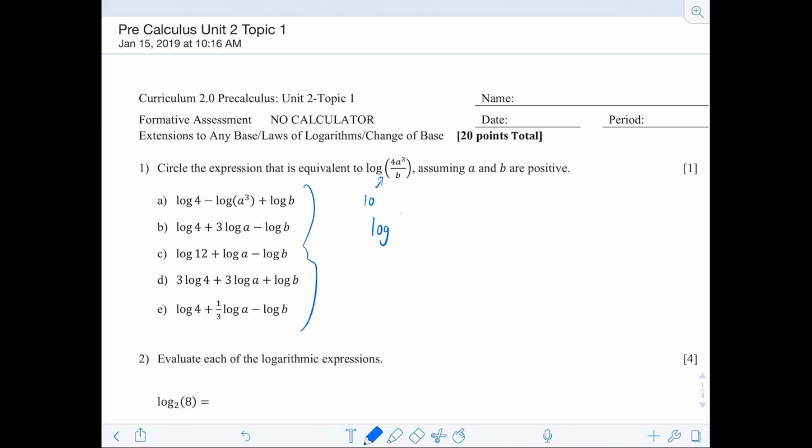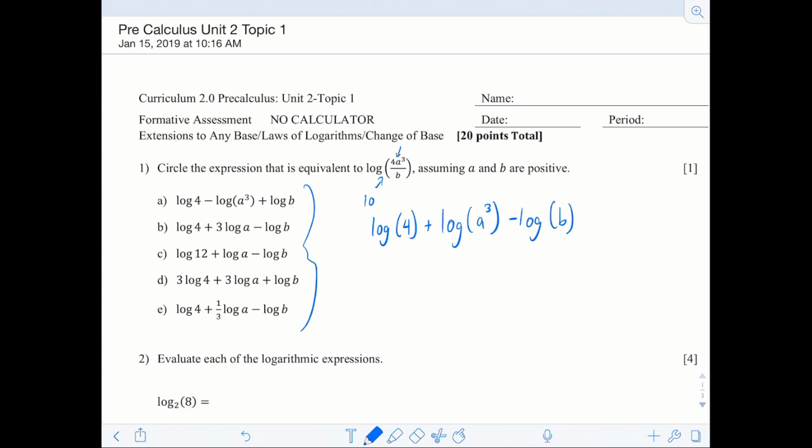So what do I mean by that? Log base 10 of 4, and since there's a multiplication between the 4 and the a, we're going to write a plus sign and then rewrite another log of a to the third. And when I'm doing division, that will be subtraction. So that would be log of 4. Now, it's very tempting to say that this is going to be my answer.